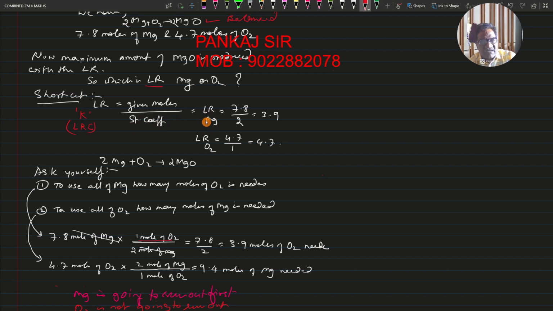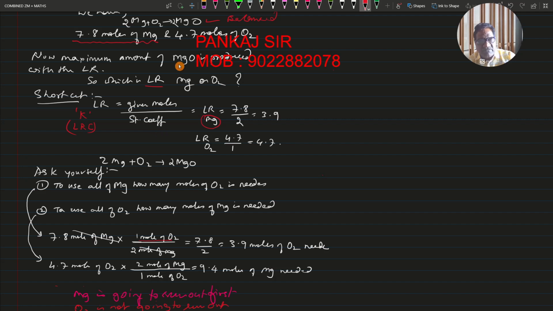So let us first find the limiting reactant constant for magnesium, Mg. The question says 7.8 moles of magnesium is given to us, divided by the stoichiometric coefficient of magnesium.